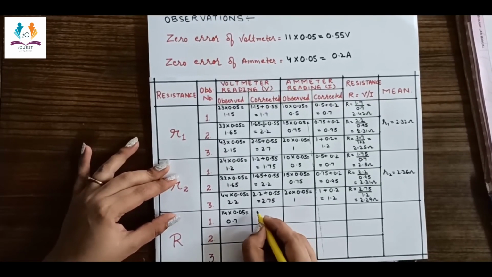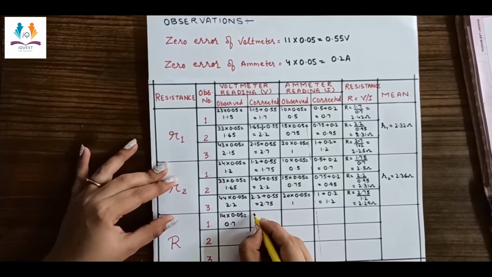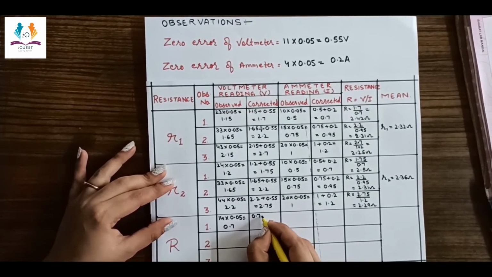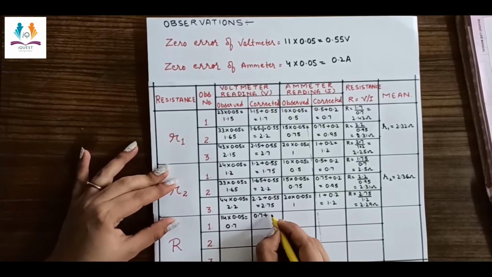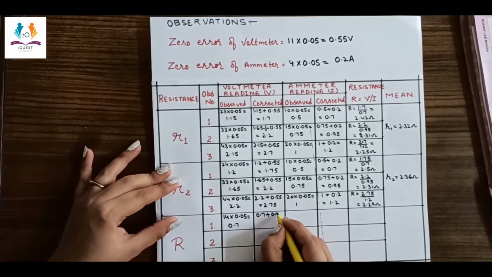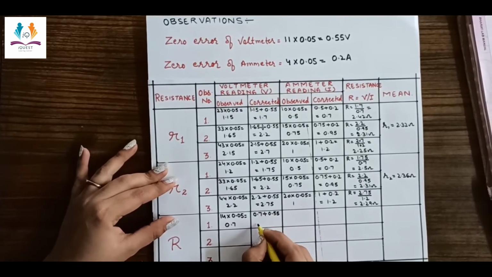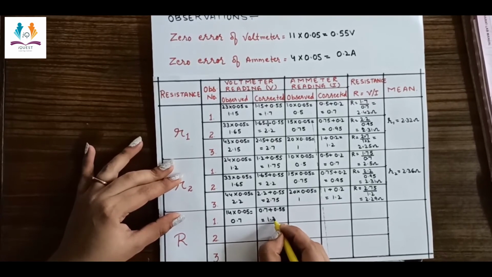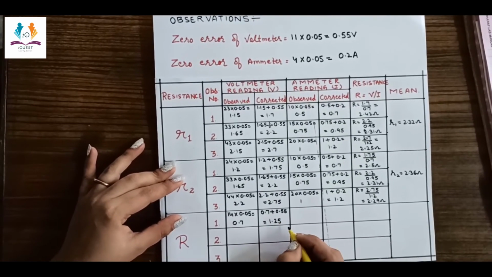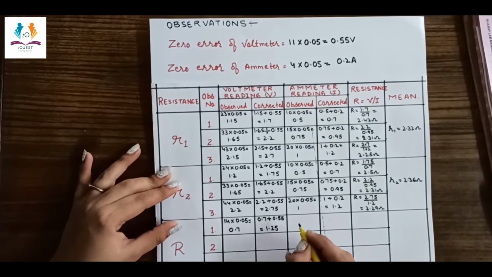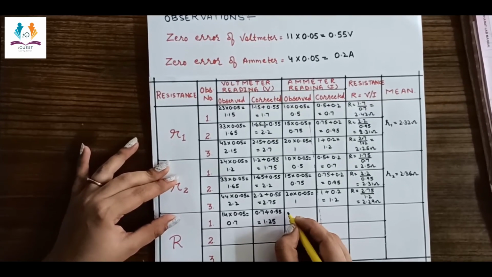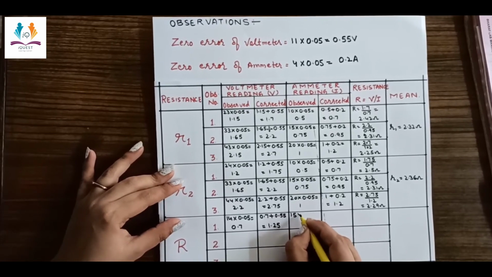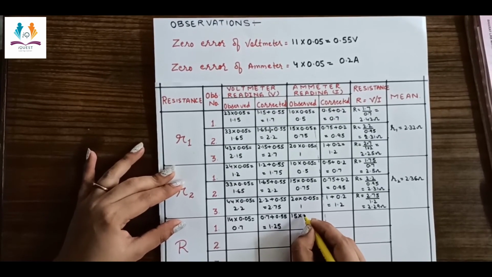Now to find out the corrected reading of the voltmeter, observed reading, that is 0.7 volt, plus zero error in it, that is 0.55 volt, and it is equal to 1.25 volts.